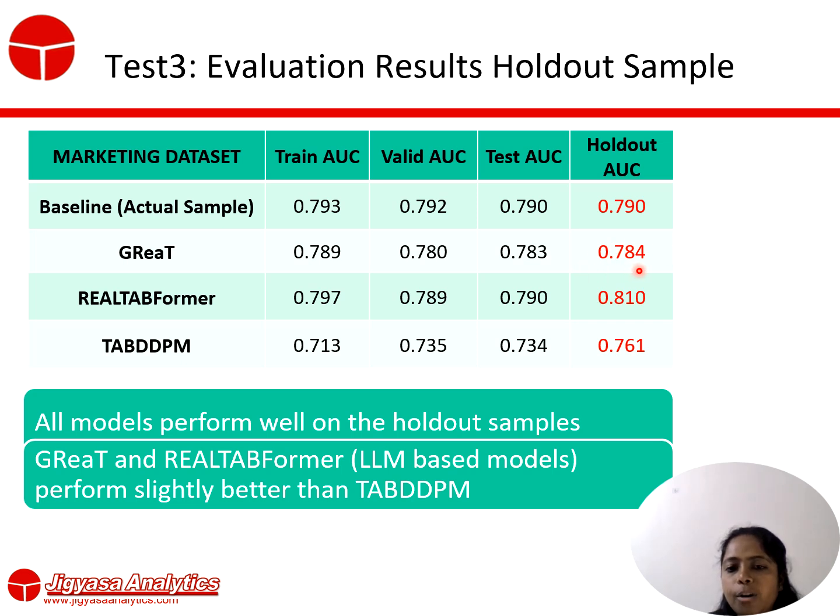The REaLTabFormer synthetic model has an AUC of 0.810, while TabDDPM has an AUC of 0.761 for the holdout sample, which is comparatively low compared to the other two synthetic models.